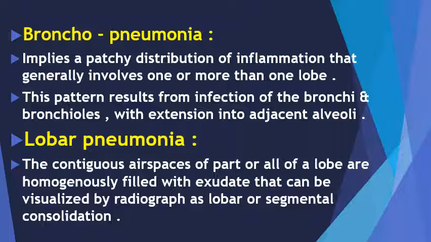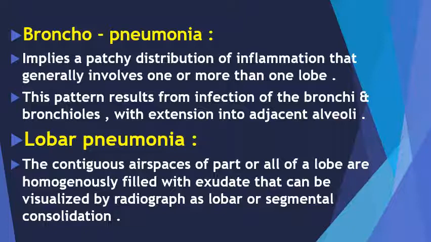This type of pneumonia mainly occurs in elderly patients, because of low immunity, and in very young patients, because the bronchial tree is shorter than in the adult. Bronchopneumonia might involve one or more than one lobe. This pattern results from infection of the bronchi and bronchioles, extending to the adjacent alveoli, the air spaces.